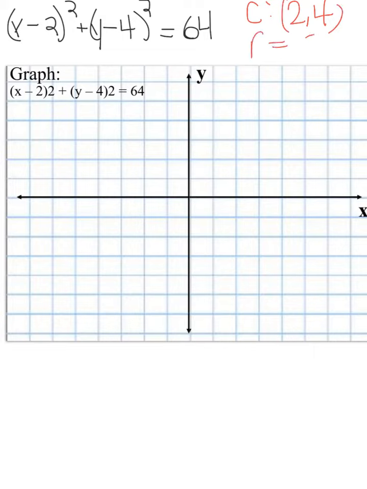Radius is the square root of 64, so that's a positive 8. I'm not sure if I'm going to have enough room on here, but I'll do the best that I can. I'm going to increment by 2.